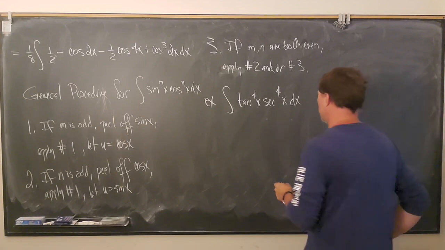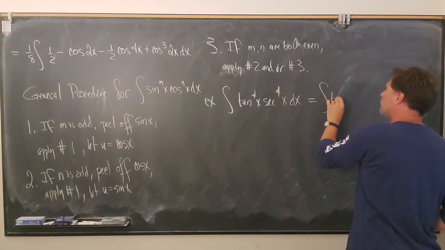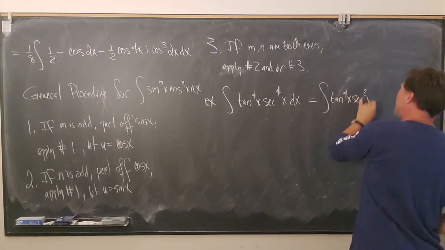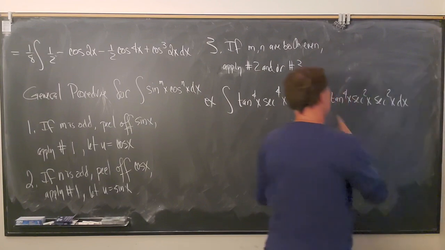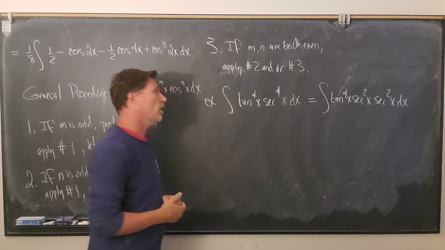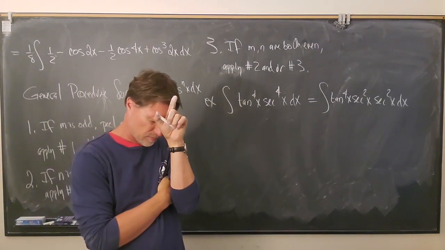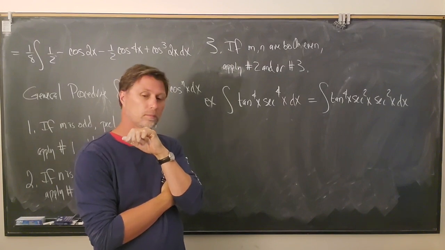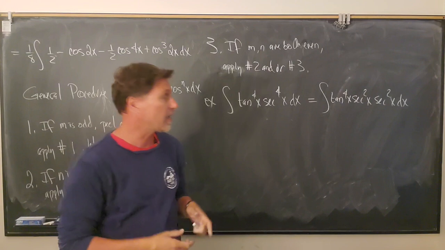What I'm going to do is I'm going to peel off a secant squared. All right, so I can write it as tangent to the 4th x, secant squared x, secant squared x. Now, why is that? What am I going to let u equal? Well, if I let u equal tangent, the derivative of tangent is secant squared.